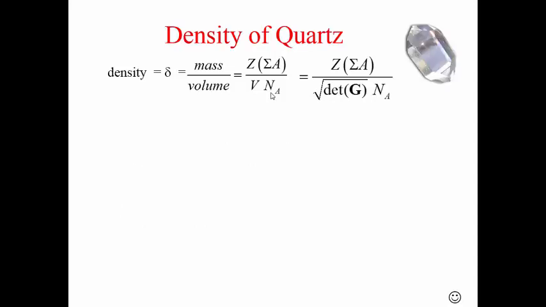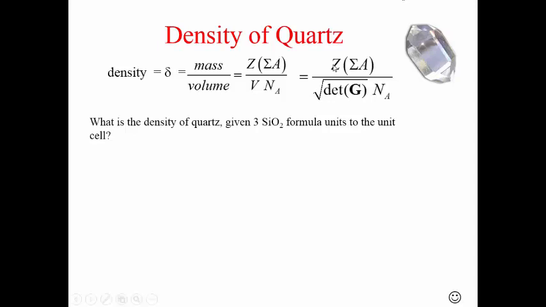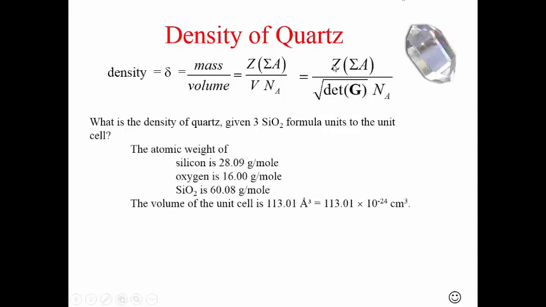So let's look at the density of quartz, and we already have the formula for it. There are 3 SiO2 formula units to the unit cell, so this Z will become a 3 up here when we put it in. And the atomic weight of silicon is 28, oxygen 16, SiO2.